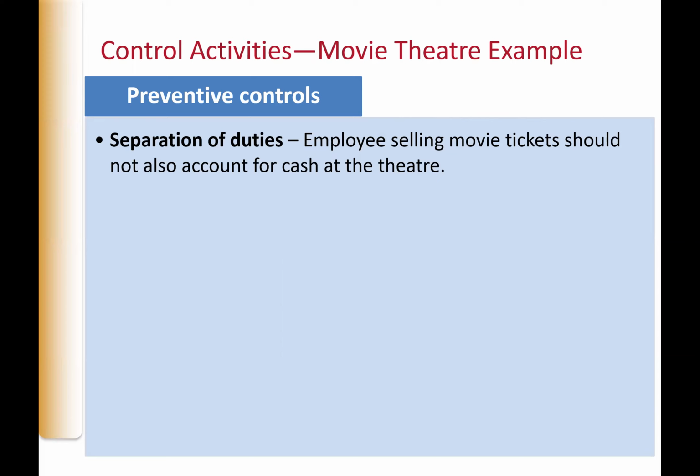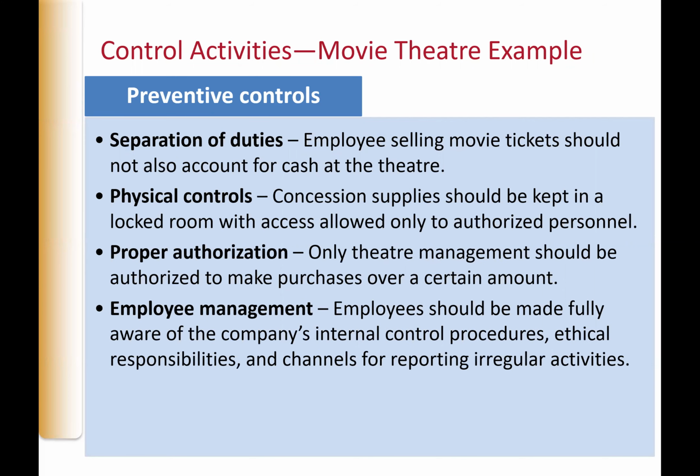In this case, preventative controls, such as separation of duties. The employees that sell the movie tickets should not also account for the cash at the theater. At the end of the night, there should be someone else that totals the cash. Physical controls: concession supplies should be kept in a locked room with access only to authorized personnel.